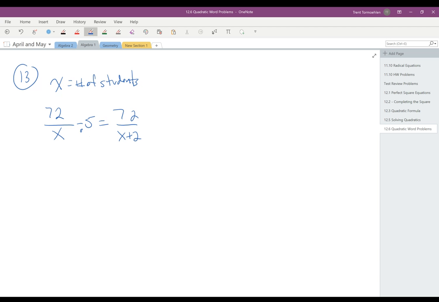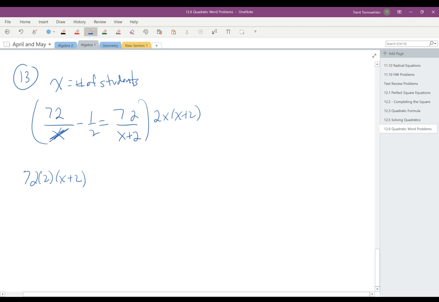And now we have a quadratic equation. We could think about 0.5 as 1/2 since we're dealing with fractions here. So we're going to go through and we're going to multiply by 2 times x plus 2. So the x cancels here, which leaves us 2 times x plus 2. Then we have to multiply 72 by. The 2 cancels here, so we're minusing x times x plus 2.